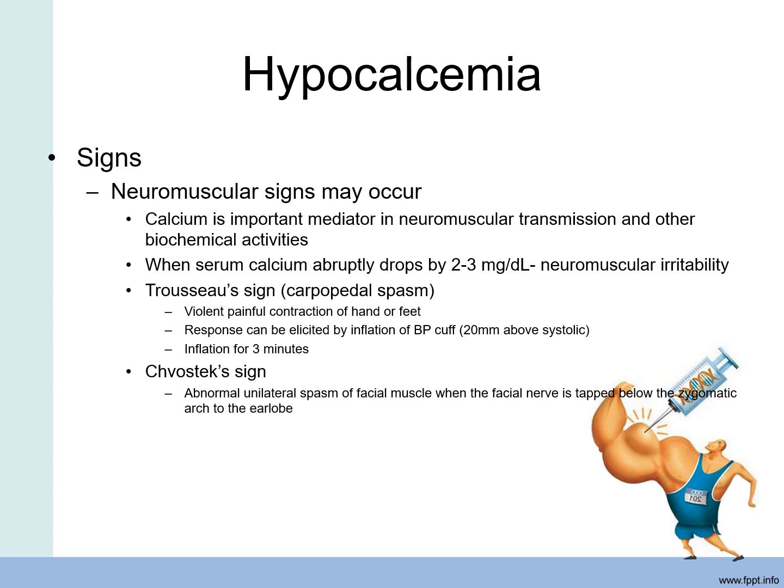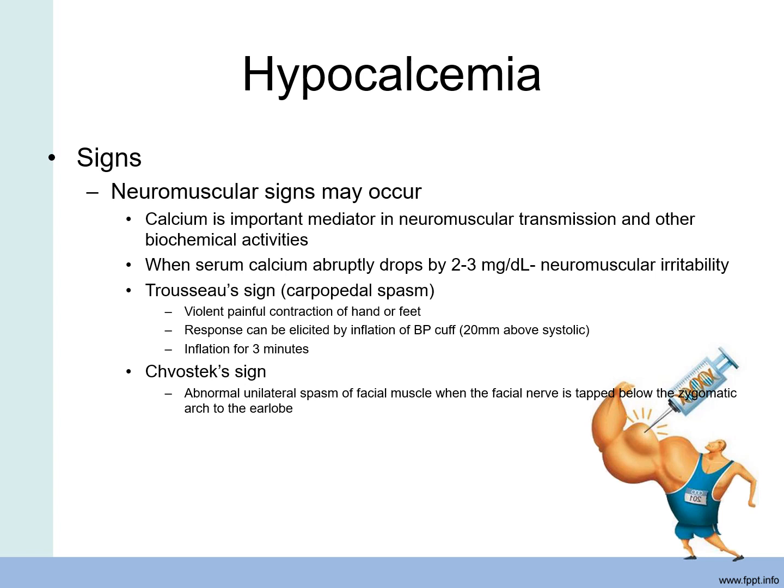We can elicit this in the office by putting a blood pressure cuff on our patient and inflating it to about 20 millimeters above the patient's systolic blood pressure. Leave it inflated for 3 minutes and we should be able to stimulate the violent painful contractions of the hand and feet.